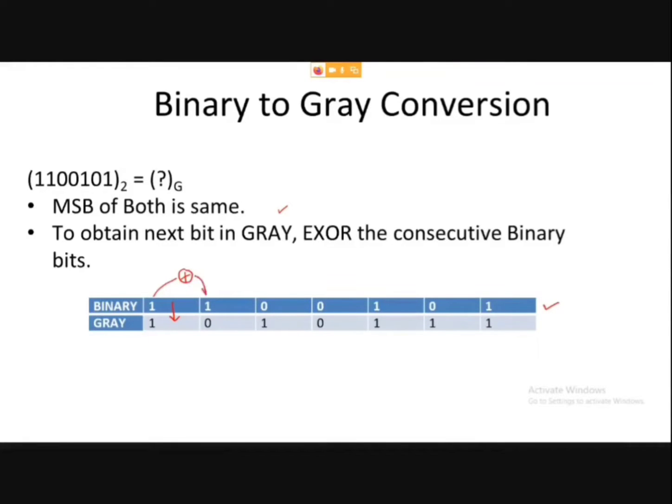If I perform XOR of these two numbers, 1 and 1, the resultant will be 0. Similarly, if I perform XOR of this 1 and this 0, the resultant will be 1. Similarly, for this and this, 0 and 0 XOR will result in 0. And if I continue further, I can get the gray number from binary. So you just need to know the XOR operation for your binary to gray conversions.